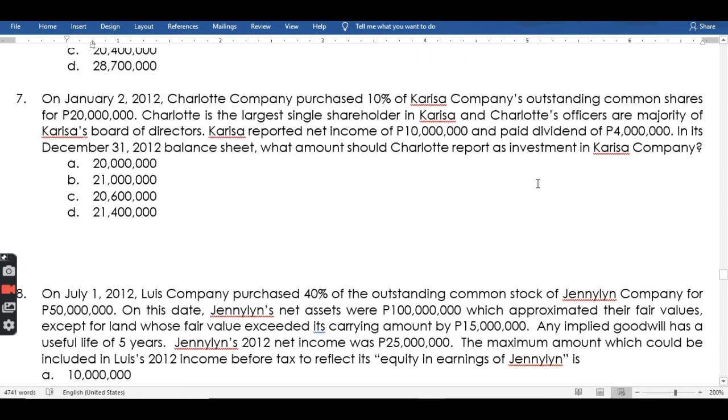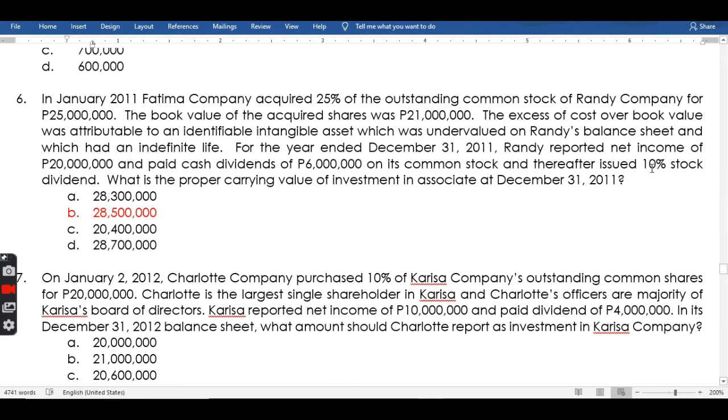Ay, sorry, by the way. Anong effect nitong stock dividend na to? Wala lang. Di ba kapag stock dividend ang binigay, it is only going to be a memorandum entry which will result to an increase in the number of shares na hawak mo. Pagkatapos, magbabawasan lang yung per unit na cost ng ating investment. Pero wala siyang effect doon sa ating investment in total.